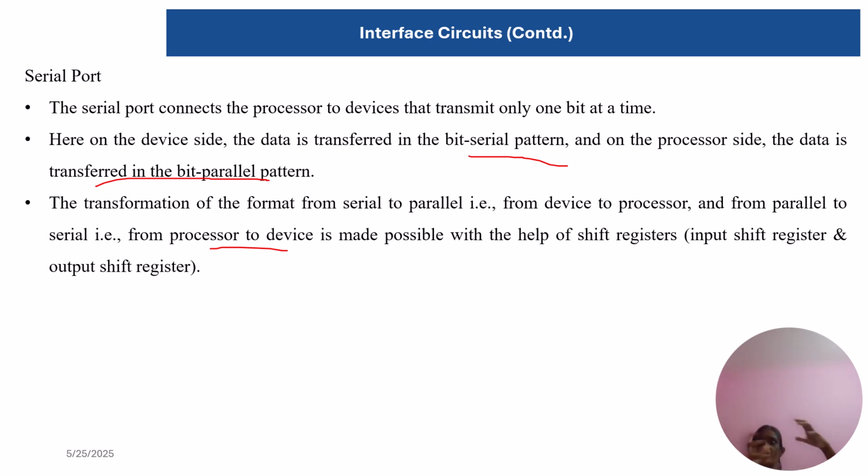These parallel bits go to the processor. In the same way, after completing the operation, the processor gives its output in parallel form. On the output side, the shift register gets the parallel output from the processor, converts it from parallel to serial, and the serial output is given to the IO devices.